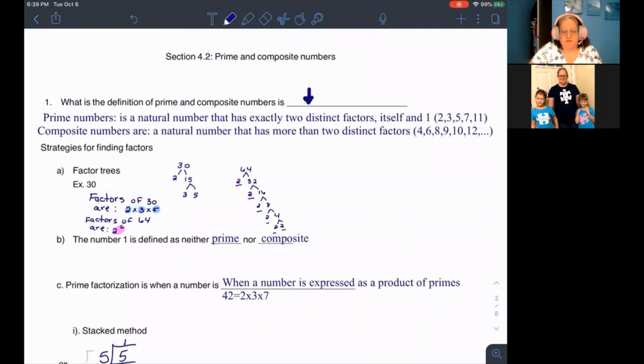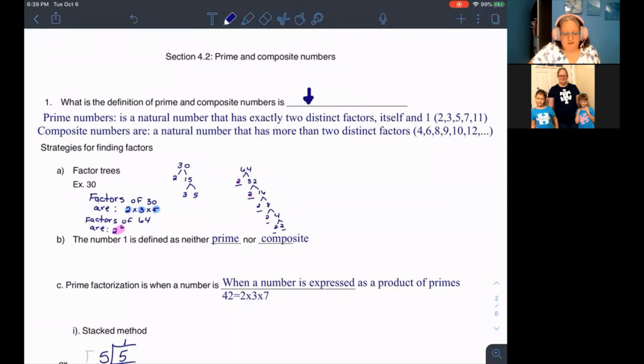So it's a natural number that has exactly two distinct factors, itself and 1. So like 2, 3, 5, 7, 11 are all prime numbers. For 5, the only numbers that 5 is divisible by are 5 and 1. And 7, the same thing, 7 and 1, 11 and 1, 3 and 1.